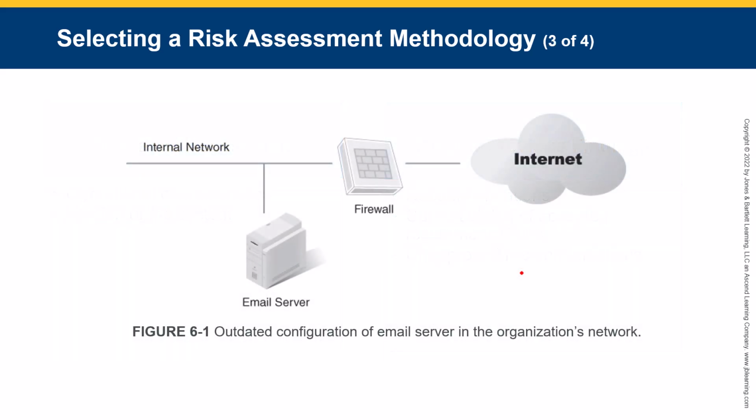So selecting the assessment could also be looking at the configuration. A single mail server. So if we have things coming in, or we have the internal network trying to access the configuration for the email server, we might also want a firewall here.